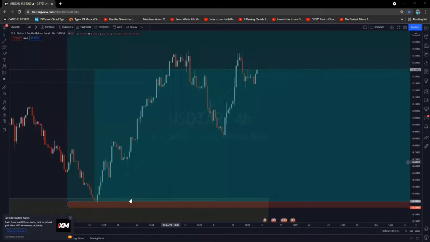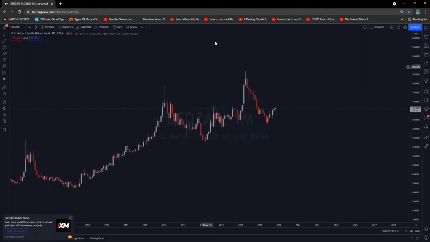So I sent a signal on USDZAR a few weeks ago, and this is the outcome. But I see another opportunity for those who weren't able to catch this trade over here. And so I'll cancel out everything and start from the beginning, right? Let's go to a cleaner chart. So I'm gonna start on the monthly.